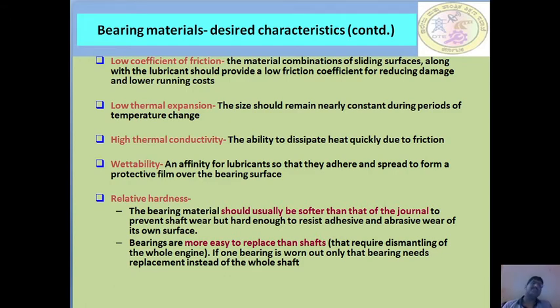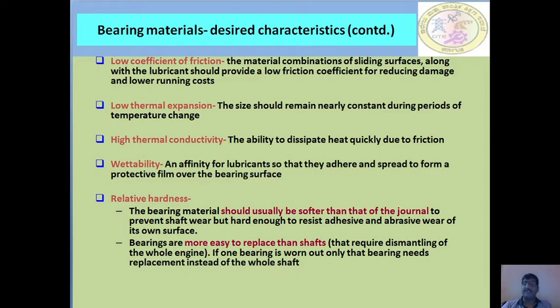As the coefficient of friction is less, the generation of heat automatically reduces. Hence, this type of bearing material can achieve this reduction in temperature. Hence, this is the most important characteristic of the bearing material.